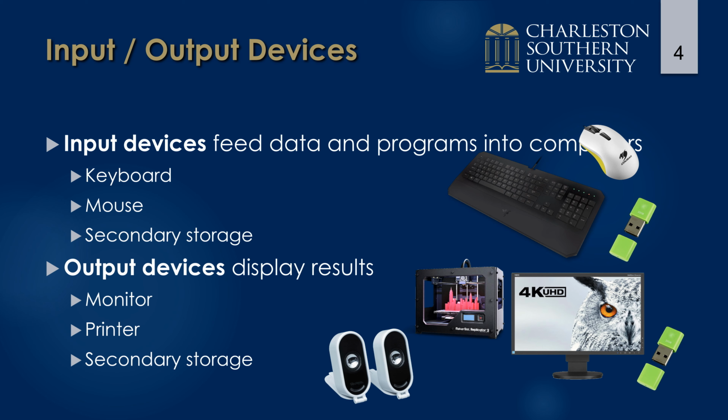Now, output devices display the results, and it doesn't have to be just displayed on the screen. It can also be 3D printed stuff or printed on paper or output to the speakers or even motion. If you're dealing with robotics, output might be to move your robotic arm or to steer the vehicle left or right. Those are all output of the results.